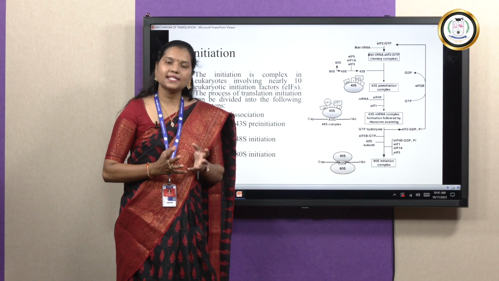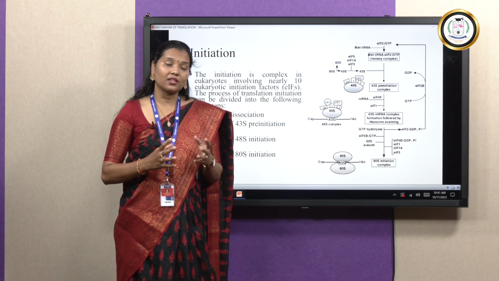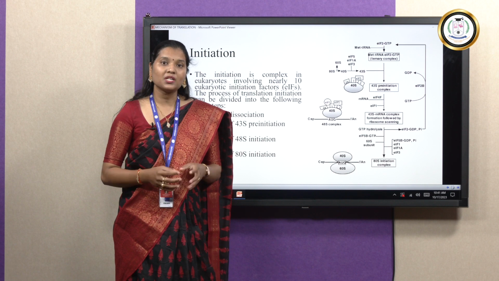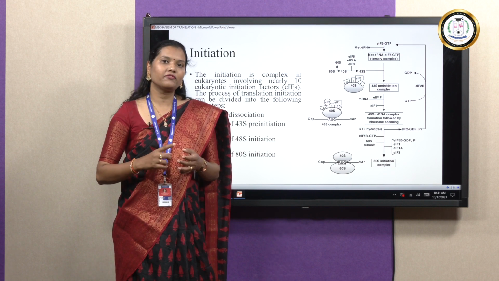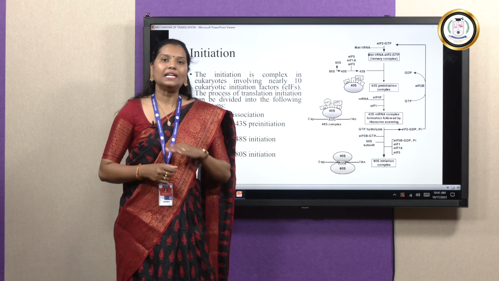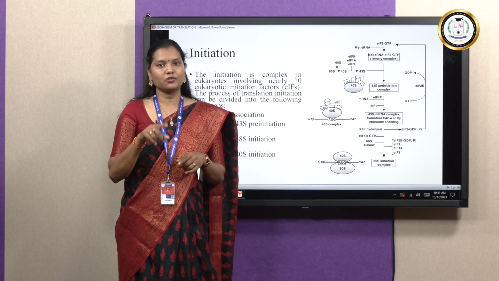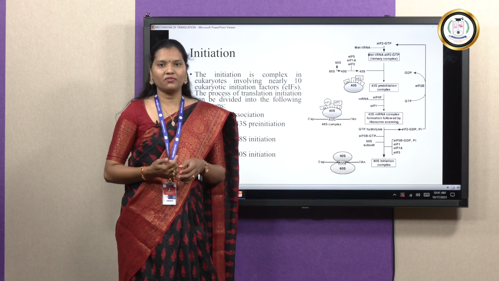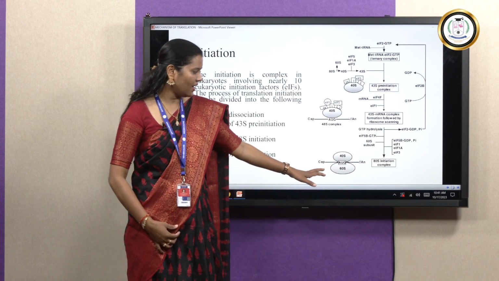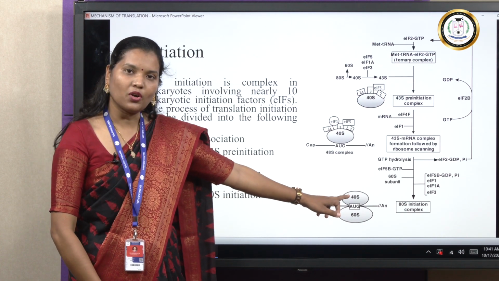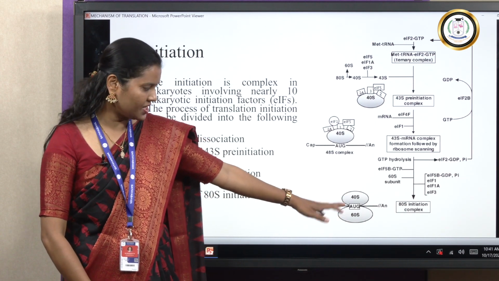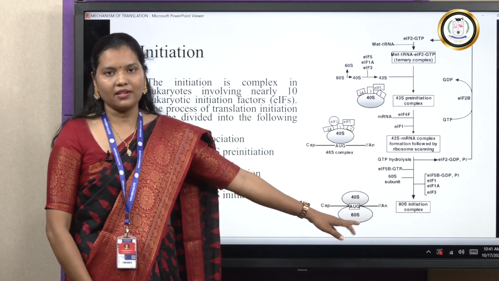Once the 80S initiation complex is formed, all the initiation factors like 3, 1A, 4F, 5, 2, everything will be released and recycled back to another cycle of initiation of translation. And finally, we have this 80S initiation complex which has both the 40S and 60S subunits with the mRNA in between.